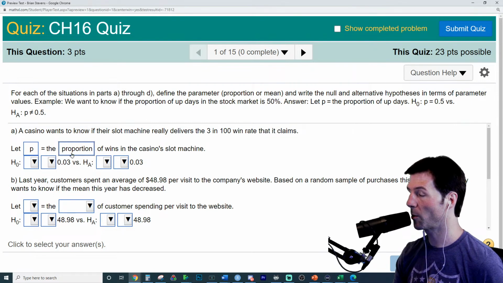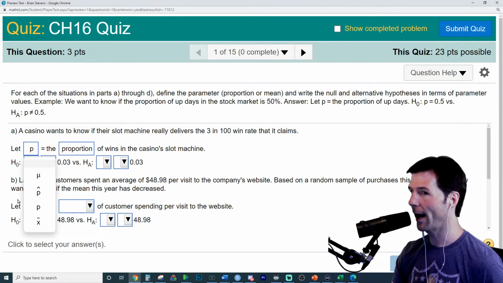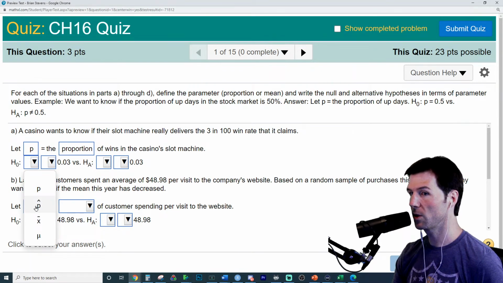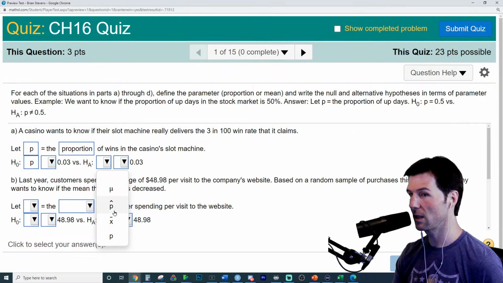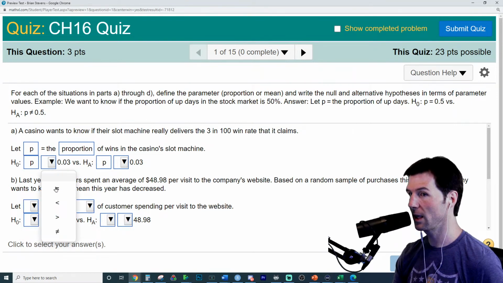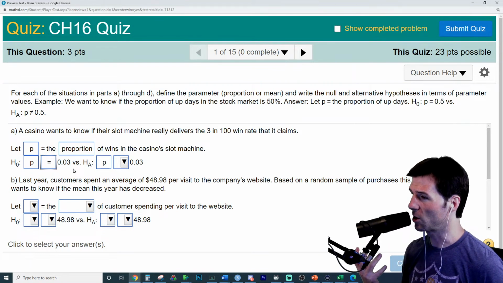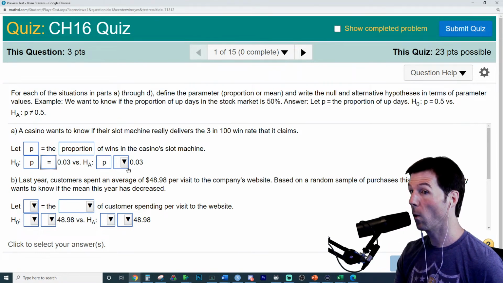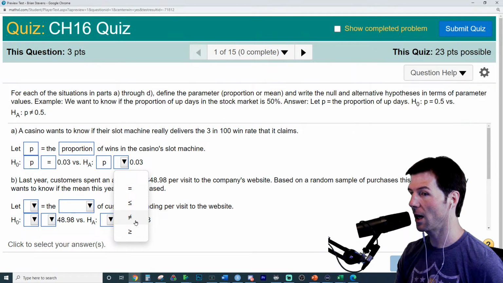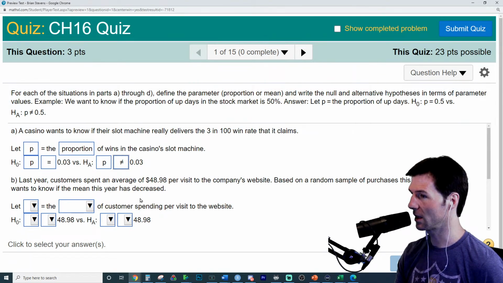So P goes with proportion, kind of an easy way to remember. And the hat means estimate. We're not trying to understand the sample proportion, we want the true proportion. So we're going to put down P for all of these, nice and easy. And what are we asking? We're asking if P is equal to 3%, which means, is it true that the machine pays out 3% of the time? Or does it not pay out 3% of the time?